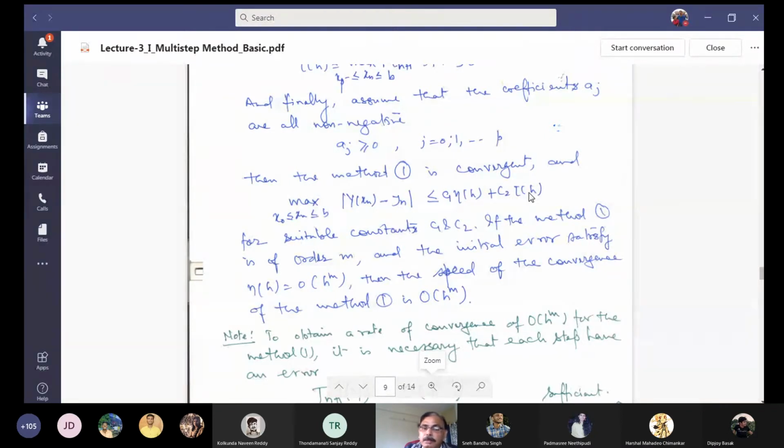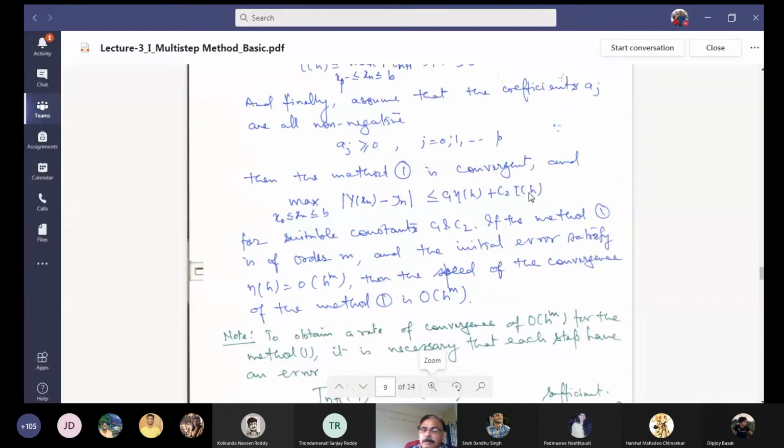y0 to yp, these are the initial values you have already seen in the Adams-Bashforth method. For example, of third order, you have seen that you have to calculate your y1 by Taylor's method or some RK method or anything of that kind. So their initial values are calculated through some other method.